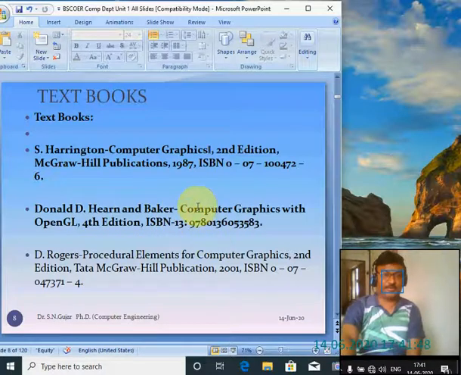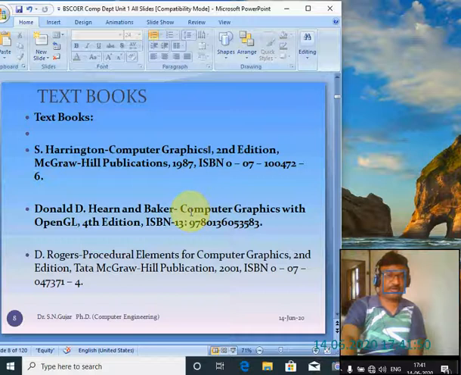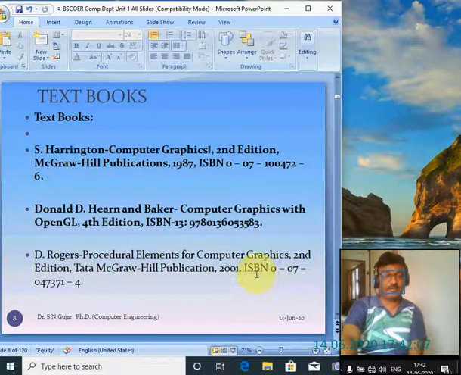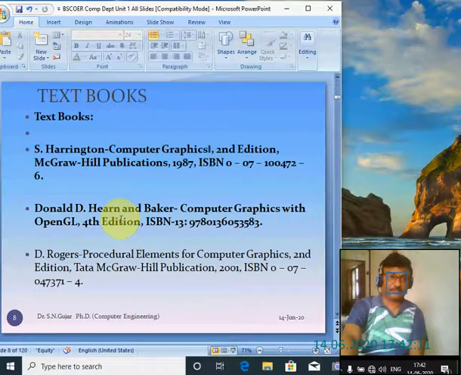This is the soft copy PDF e-book I have already circulated to you: Computer Graphics with OpenGL, 4th edition. Then D. Rogers, Procedural Elements for Computer Graphics, second edition, Tata McGraw-Hill publications, 2001. This is again one of the useful books that you have to use.